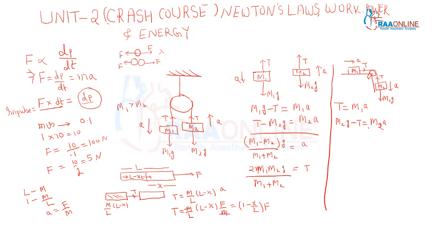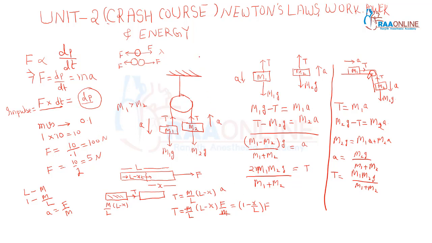Put the value of T. You will get m2g equals m1a plus m2a. So we got the value of a, m2g by (m1 plus m2). By putting the value of a in this T, we got the value of T, m1m2g upon (m1 plus m2).